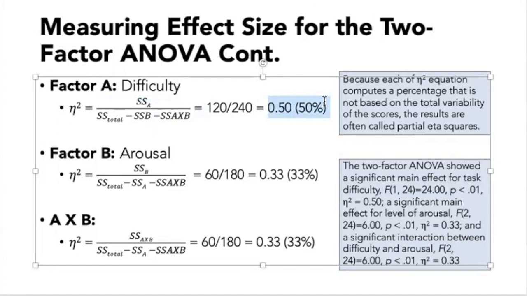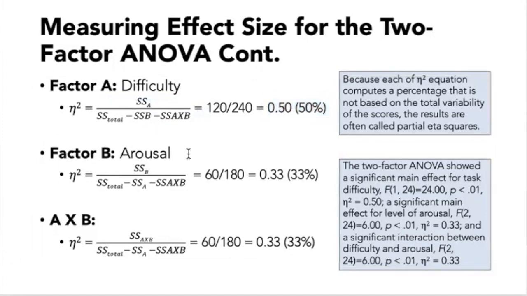So that's the difference between eta squared and partial eta squared. As per this calculation, factor A explains 50%, factor B explains 33%, and the interaction also explains 33%. So you can see factor A has a significant effect, and also a strong effect size.